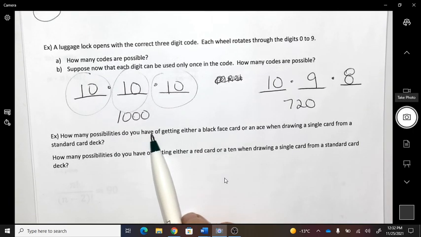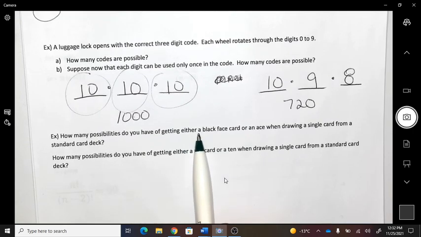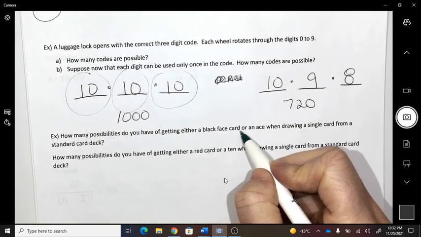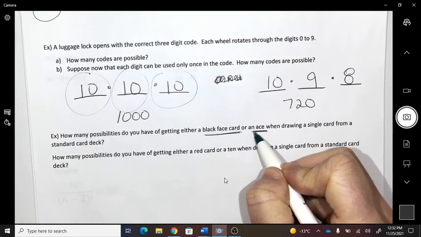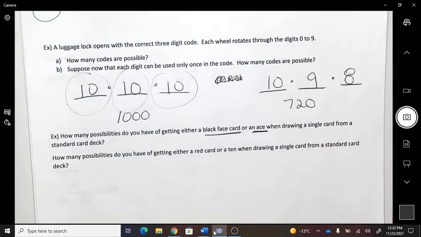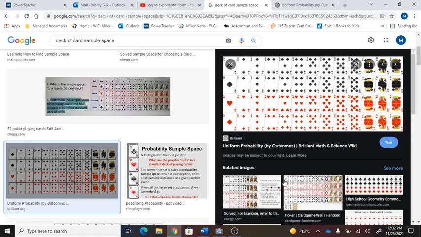How many possibilities do you have of getting either a black face card or an ace? An ace is any color. How many black face cards are there?